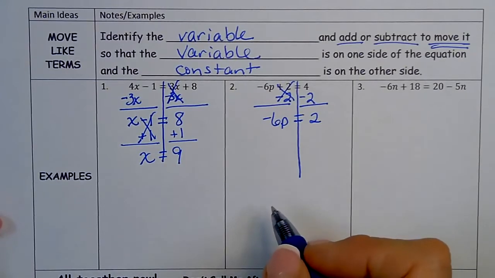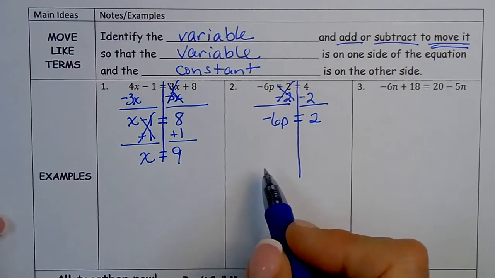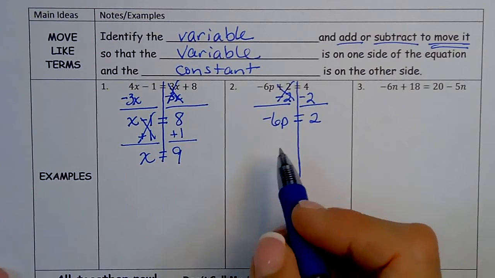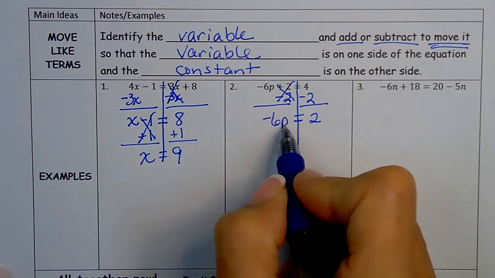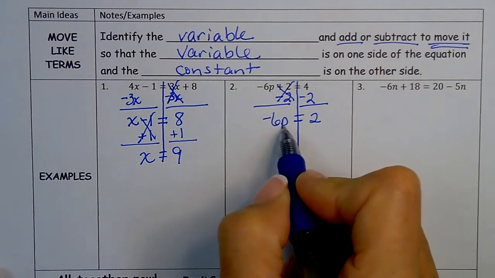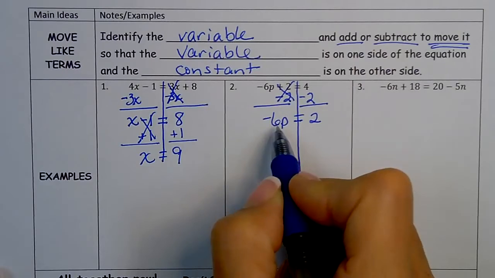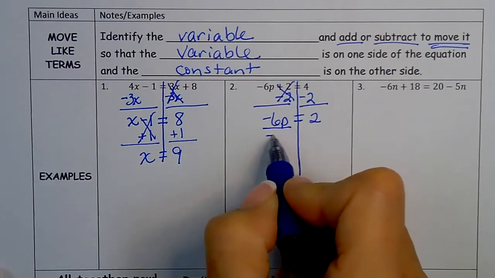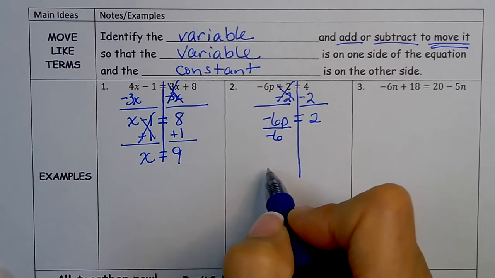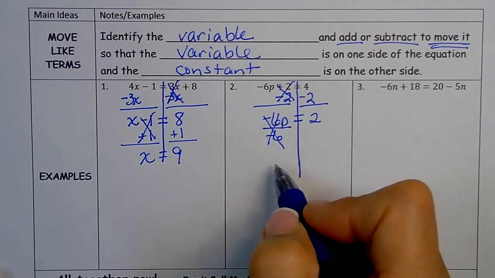Okay, well, I'm not done yet. I need p all by itself, just the variable. So now I need to do the inverse of multiply, because this represents multiplication when they're next to each other. So instead of multiplying times -6, I'm going to divide by -6. That's how those cancel out.